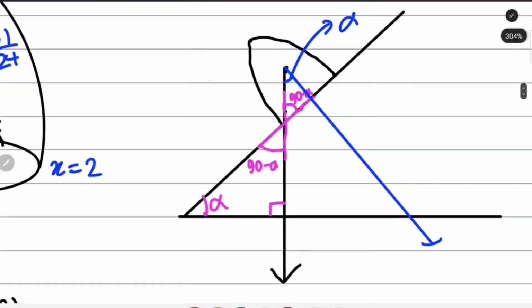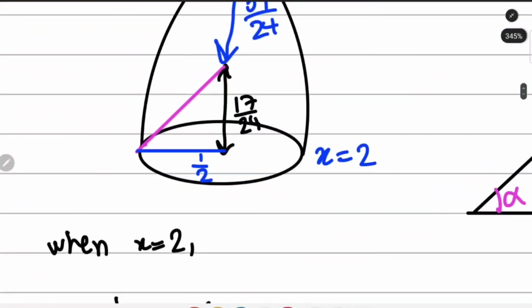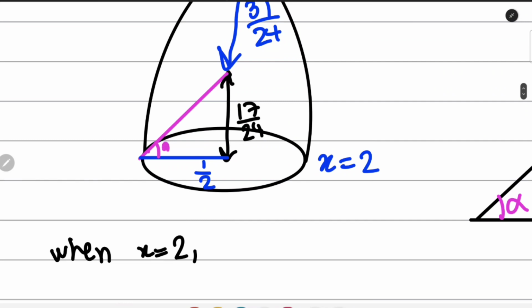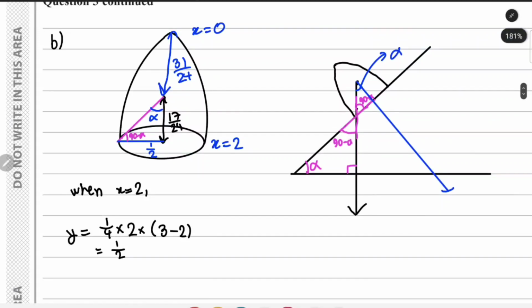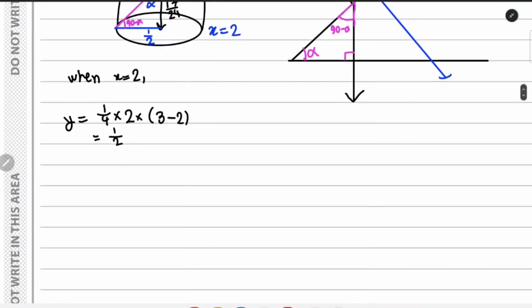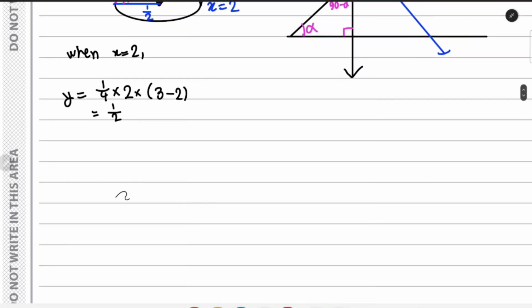Now if we match it with this diagram, this angle over here will be 90 − α and this angle will be α. So if we write tan α, let me separate the triangle over here. This is the triangle, this is α, this is 17/24 and this is half.